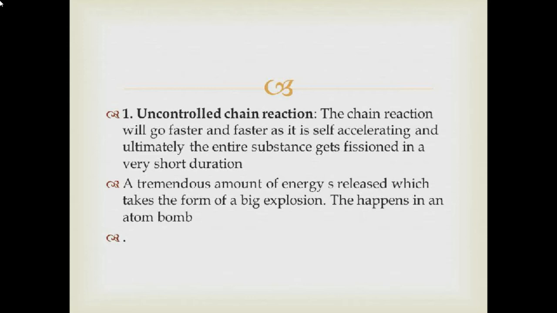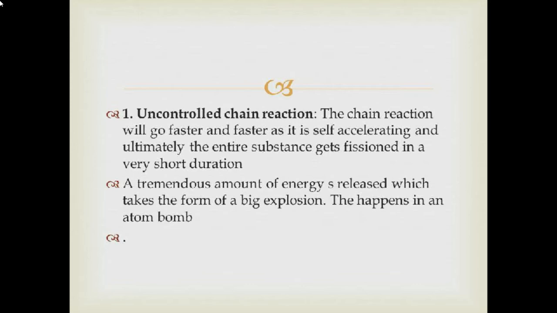The uncontrolled chain reaction will go faster and faster as it is self-accelerating. As we already saw, one neutron liberated after bombarding uranium-235 gives three, and these again bombard three more without any external supply of energy. It is a self-accelerating reaction, and ultimately the entire substance gets fissioned in a very short duration.